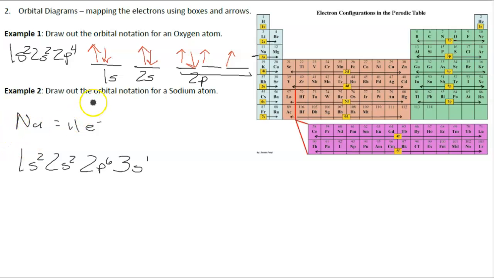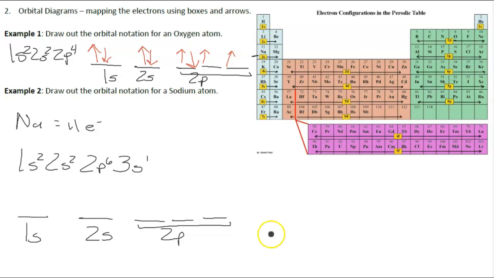So to show my orbital notation, for the 1s, I get a blank. For 2s, I get a blank. 2p gets 3 blanks because p sublevels have 3. And then I have another one for this orbital diagram, for 3s.